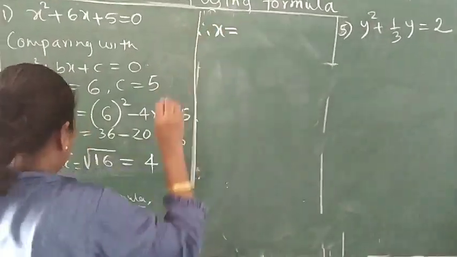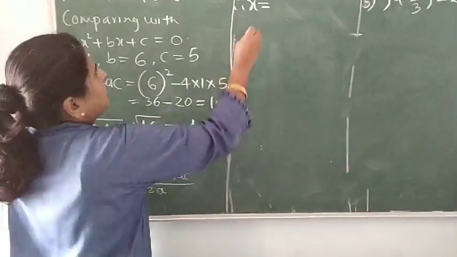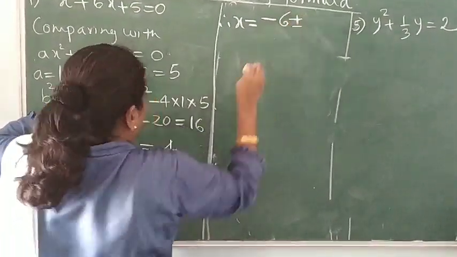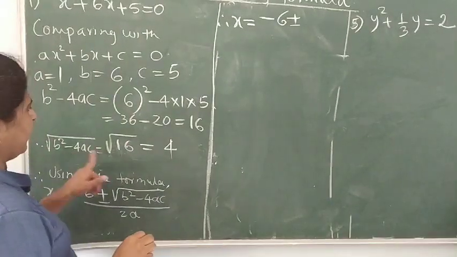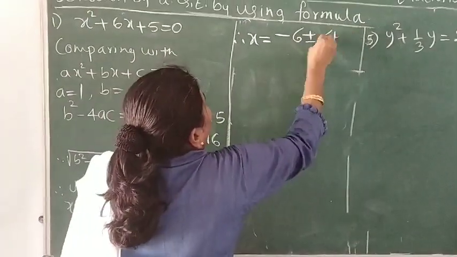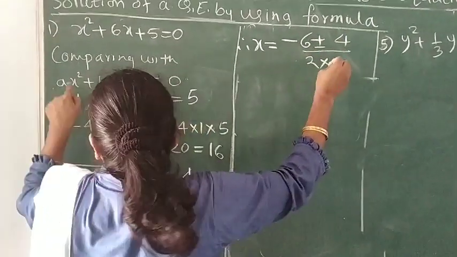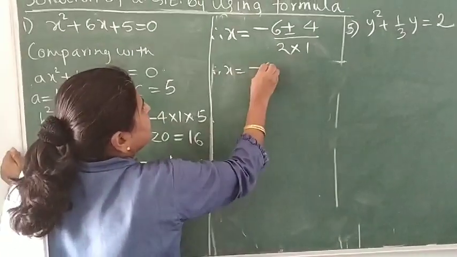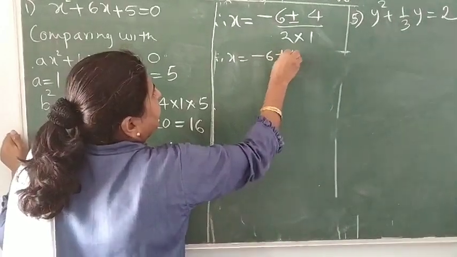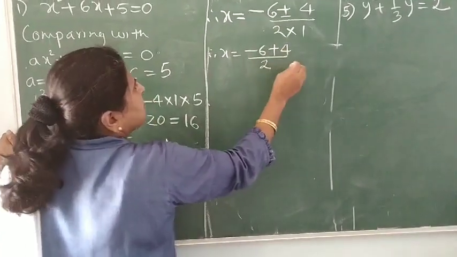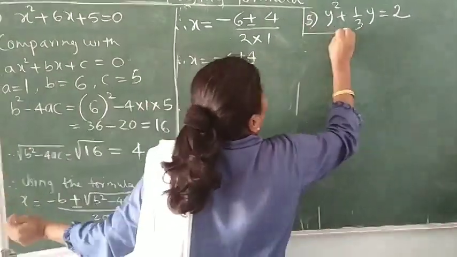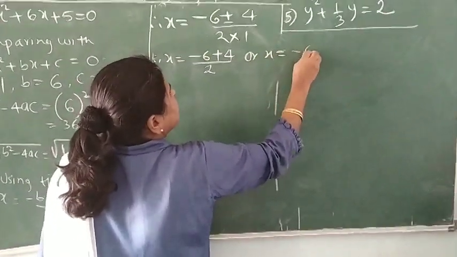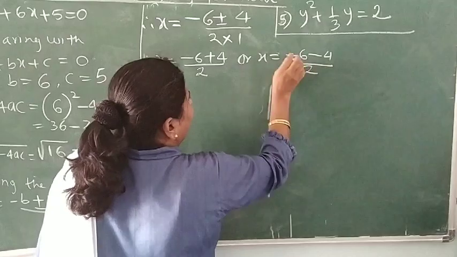Therefore, x is equal to minus b, that is minus value of b is 6, plus or minus value of this square root of b square minus 4ac is 4, upon 2 into a is 1. Therefore, x is equal to minus 6 plus 4 upon 2 ones are 2, or it can be x is equal to minus 6 minus 4 upon 2.